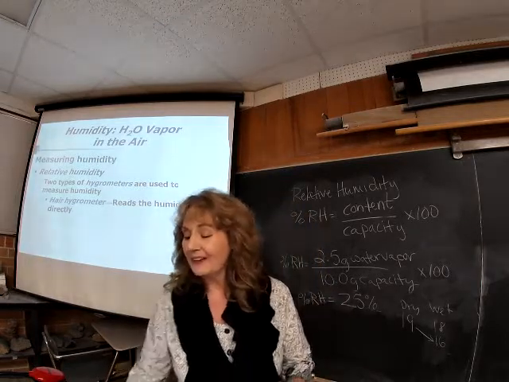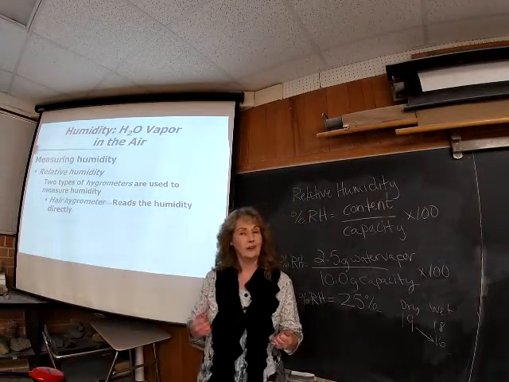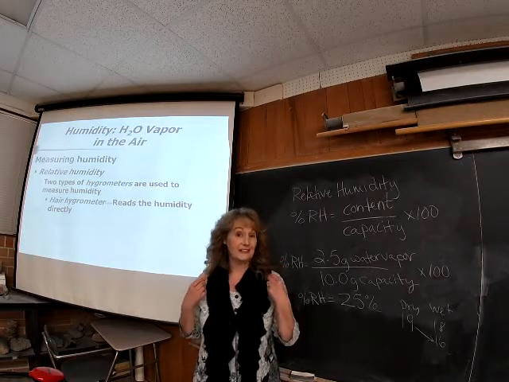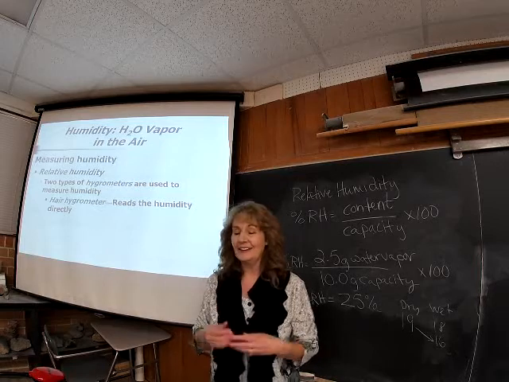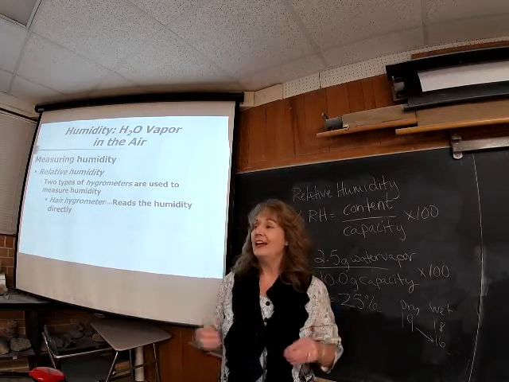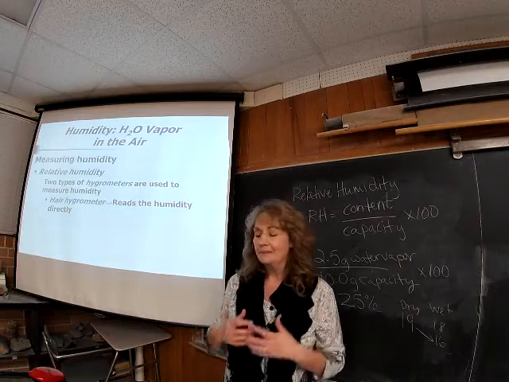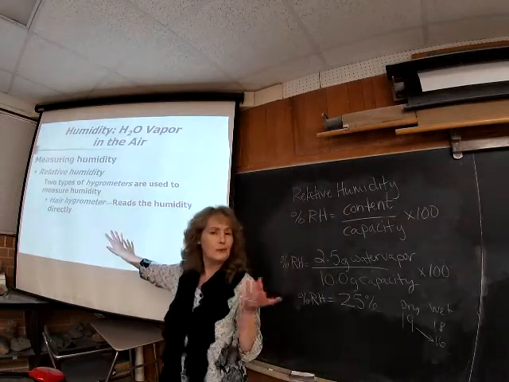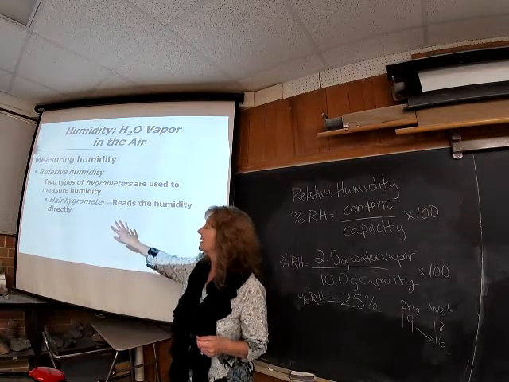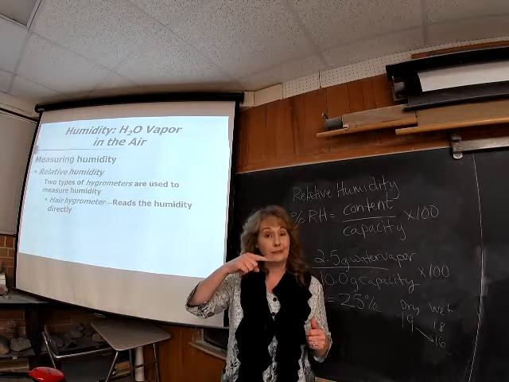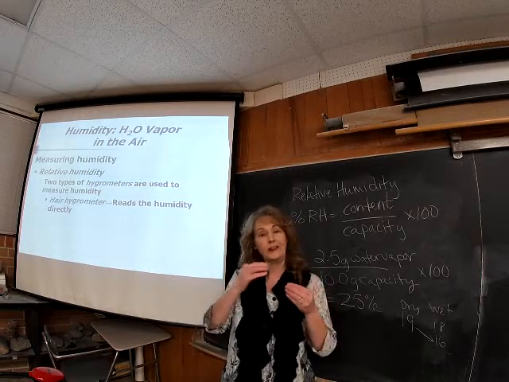Another one is a hair hygrometer. Maybe some of you are familiar with this. Your hair is actually a very good detector of humidity, right? In moist air, your hair wants to expand, and when it's dry, it'll shrivel up a little bit. They actually do make a hair hygrometer, using human hair or horse hair sometimes, that gets attached to a needle that can move as the hair expands or contracts.